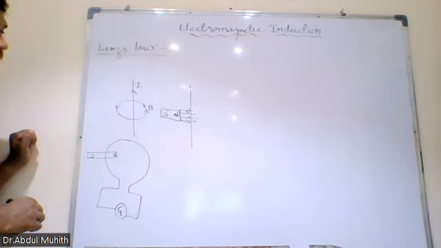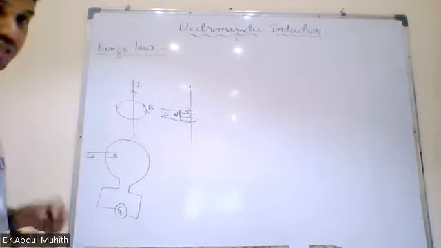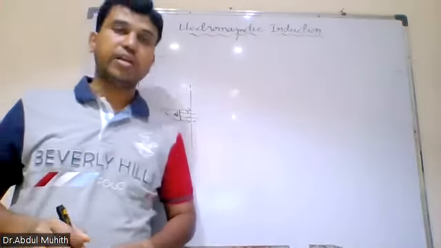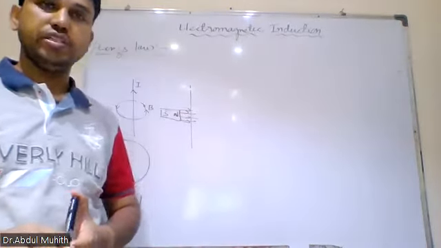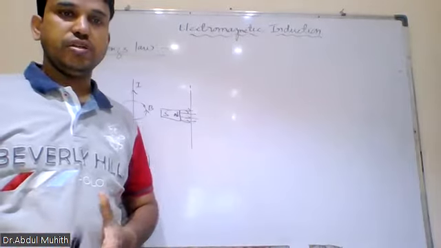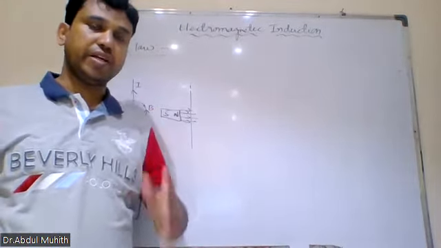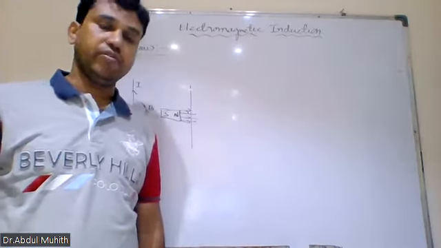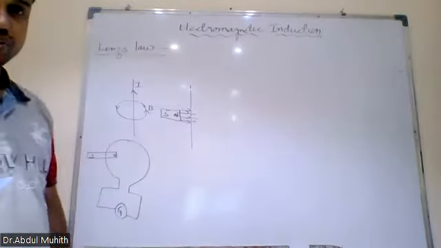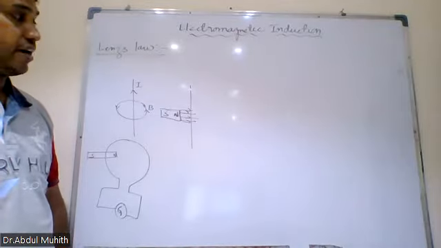That was his understanding. So later on, he came to know that a changing magnetic field induces current in the wire. Is that clear, Abid? Yes, sir. A changing magnetic field induces current in the wire. That was the first statement of Faraday's law.